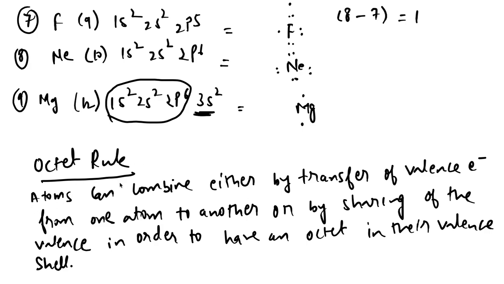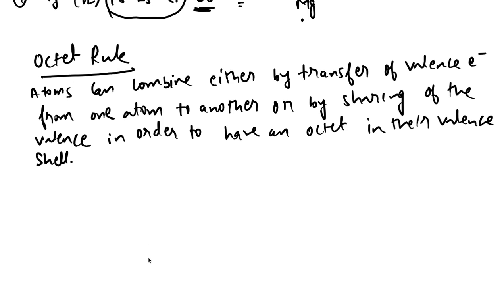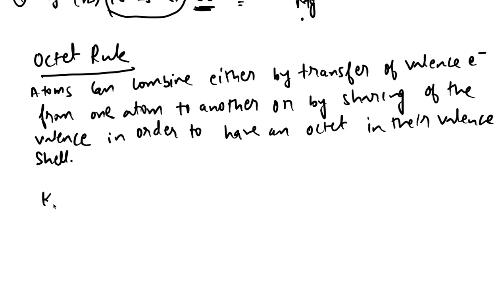So this rule means somehow the atom will try to lose its electron, gain electron, or share its electron with other atom or other element to somehow complete the octet of the valence shell. Once it completes, then it will not talk about that valence shell again. Okay. So with this, now we are moving to the next approach, that is the Kössel approach.